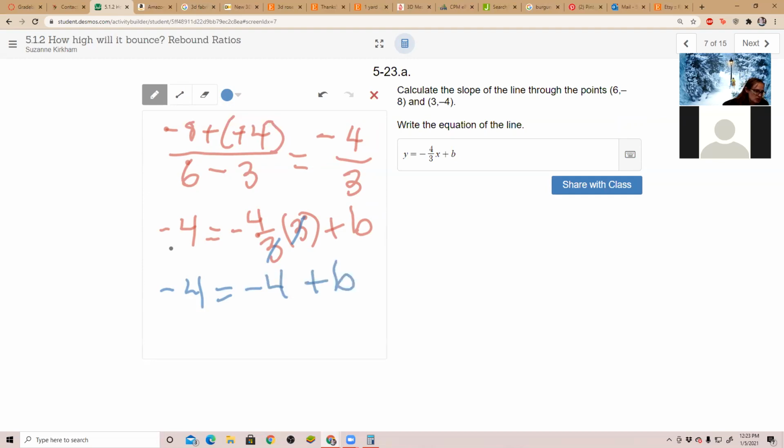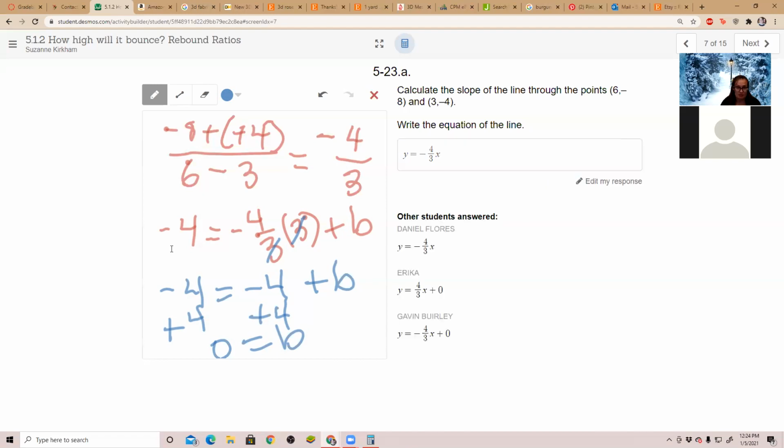You might know what b is already, but if we want to continue on so we can make sure, get our b alone, we just need to add 4 to both sides. -4 plus 4 is 0, so 0 equals b. And if we come back to our equation right now, we can either put plus 0, or we don't need a plus 0, and we can just delete that and say y equals -4/3 x.